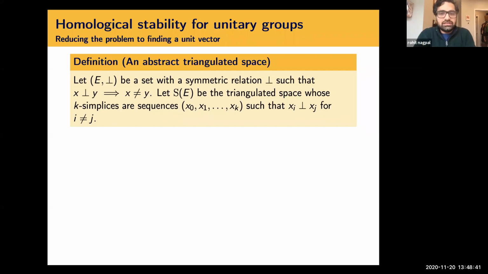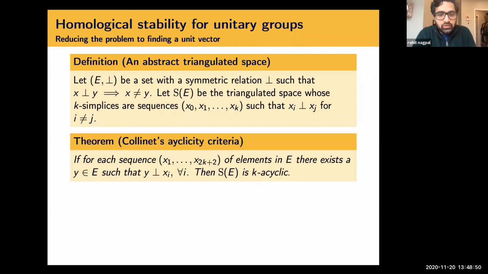And if we construct a triangulated space whose k-simplices are these sequences x0 to xk, then there's a very easy way to prove that this complex is going to be highly acyclic.